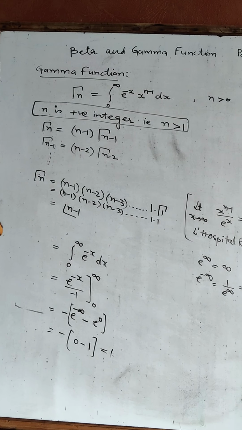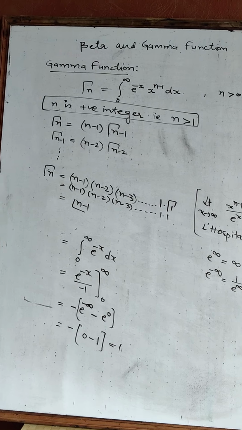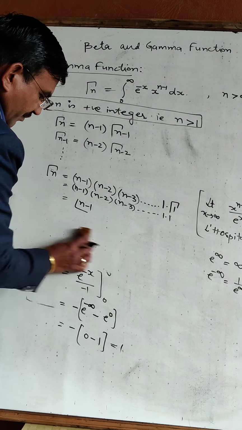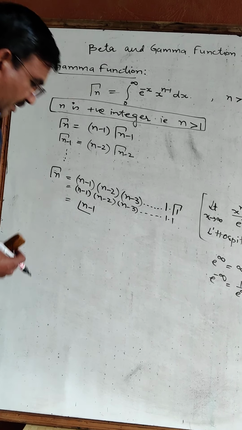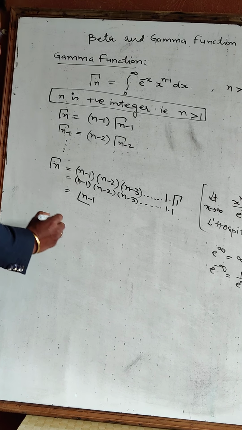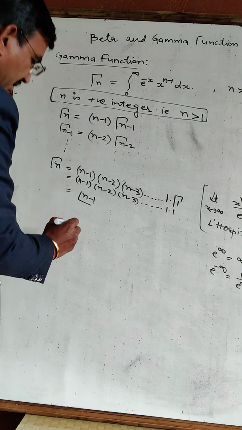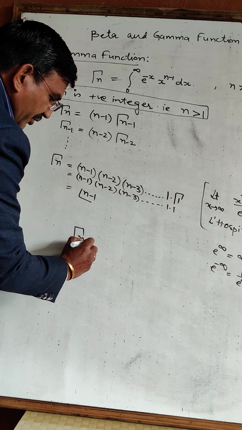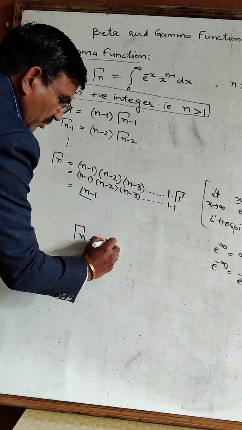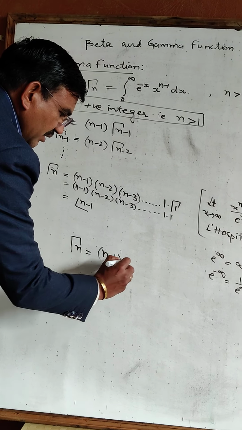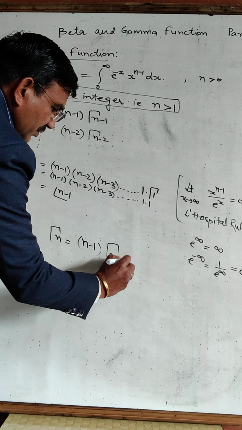So using the recurrence relation, we find that for the gamma function, for every positive real number n, gamma of n can be reduced in this form: it would be n minus 1 gamma of n minus 1.